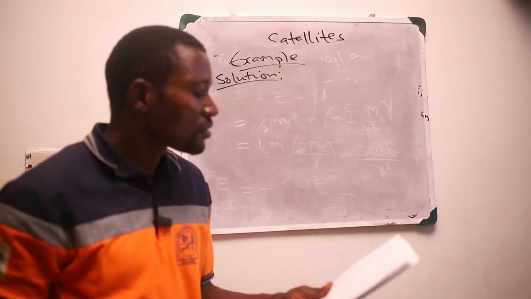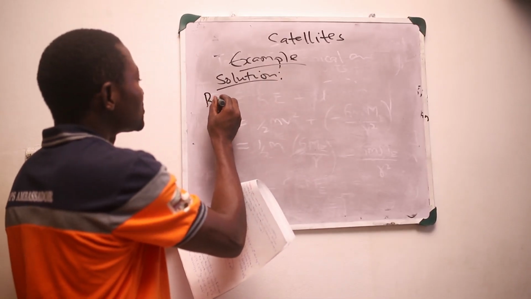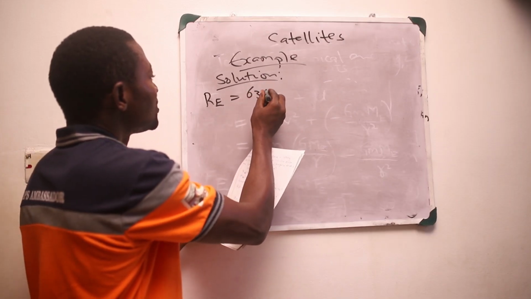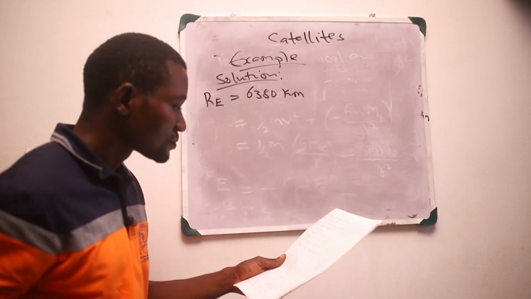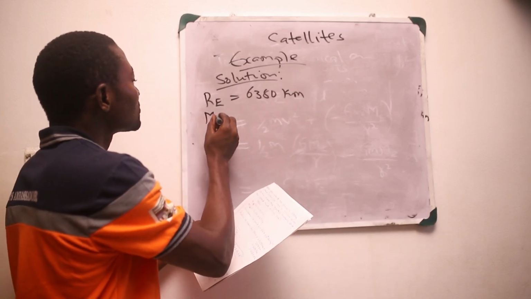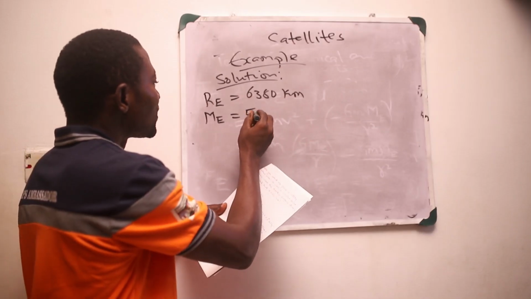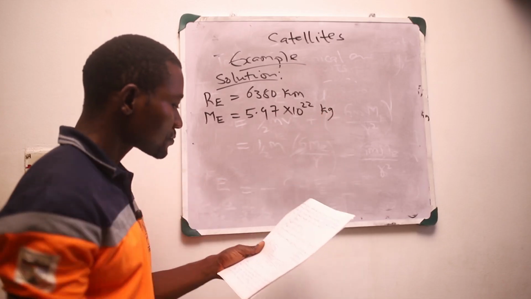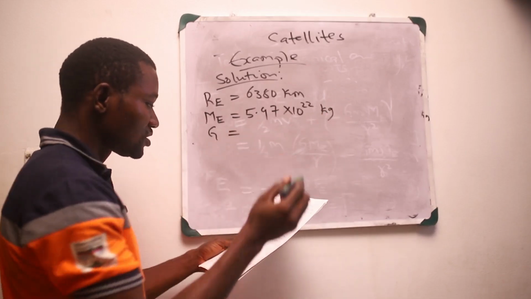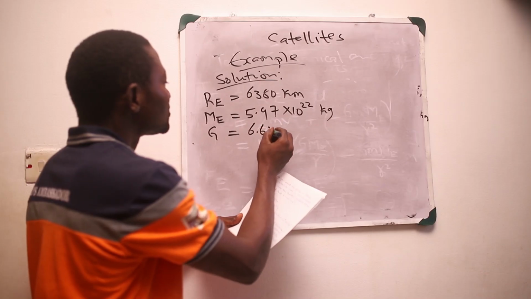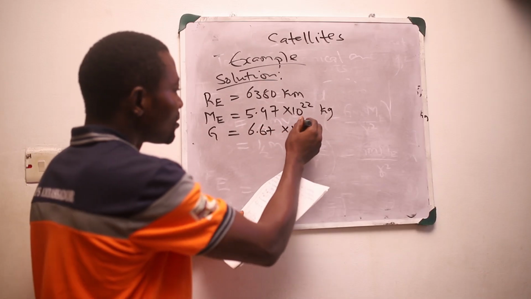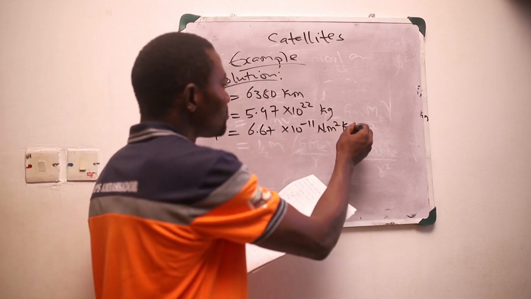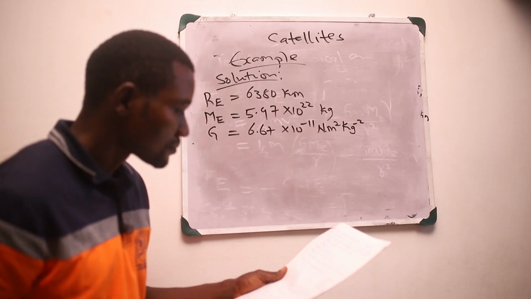Solution. We know the radius of the Earth was given to be 6380 kilometers. The mass of the Earth was given to be 5.97 times 10 raised to power 22 kilogram. Gravitational constant G was given as 6.67 times 10 raised to power minus 11 Newton meter square per kilogram square.